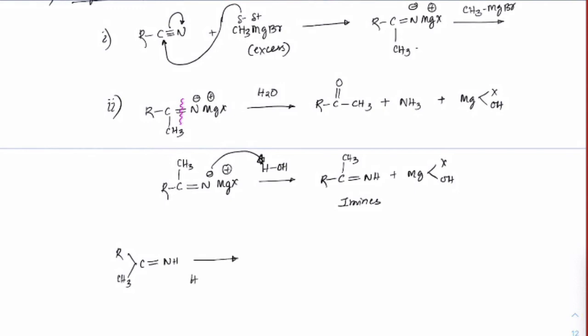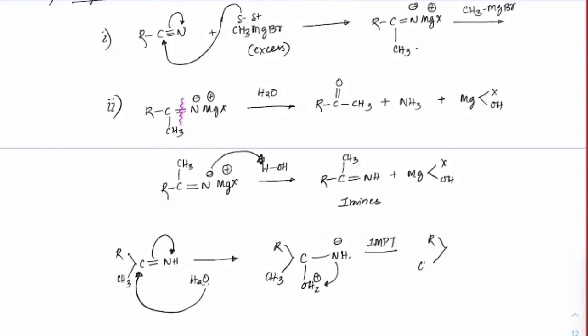This on again hydrolysis, H2O, water will attack on carbon, lone pair will shift onto nitrogen. This happens because of the electronegativity of nitrogen here. So we will get OH2 plus. Intramolecular proton transfer will take place, so this H gets transferred towards nitrogen.